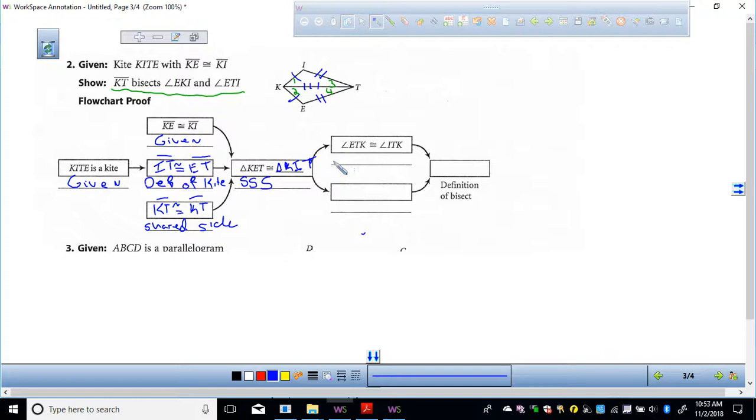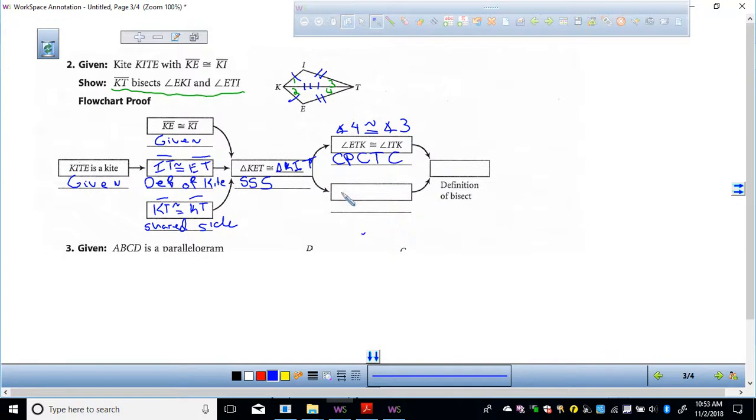CPCTC. Joey. Okay? CPCTC. Right? So this means once I have proven that the triangles are congruent, any of their other parts are congruent. So ETK, where's ETK? ETK, which I'm going to call angle 4, is congruent to angle ITK, which is angle 3. Okay?